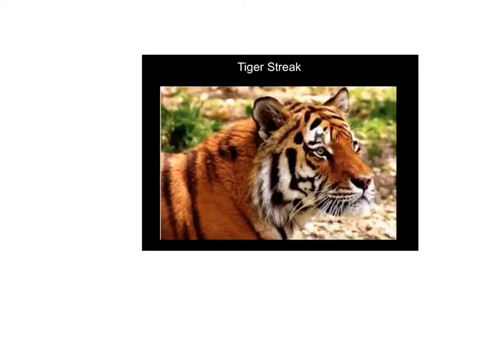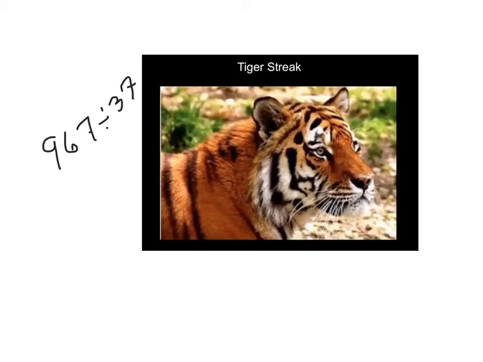Let's write that down. 967 stripes in all. If each tiger has the exact same amount of stripes, then how many stripes does each tiger have? So that means we're going to divide this by the 37 tigers that are in that tiger streak.